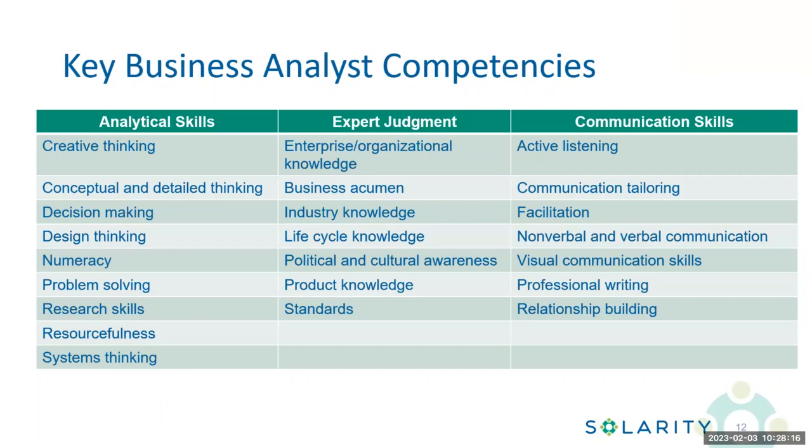Let me just look over the list again. How about negotiation skills, or the ability to influence? I love it. Very good. Now, some people might say that's communication tailoring, influencing and doing that.